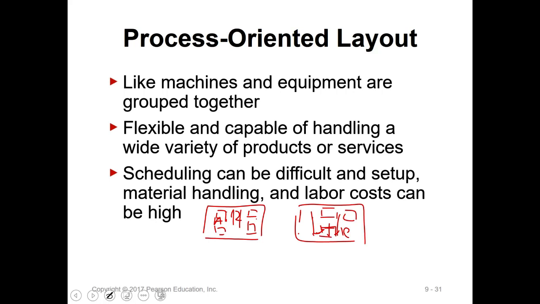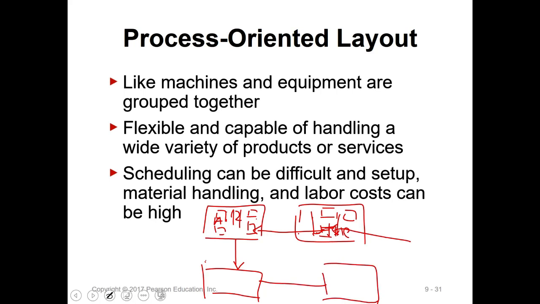So with process-oriented layout, sometimes the part goes to lathe over here, and then jumps to over here, and then goes to the heat treatment, another functional area, and then goes to machining or precision machining. So this is a process layout.